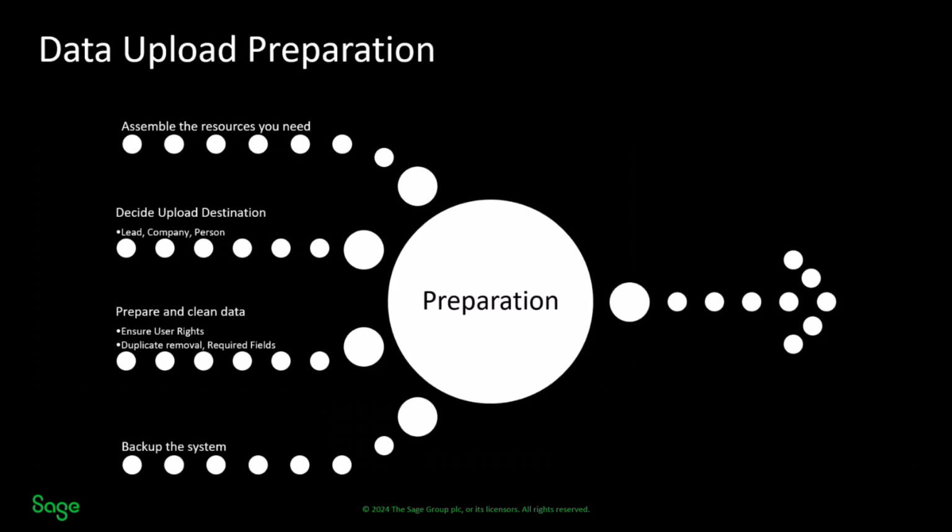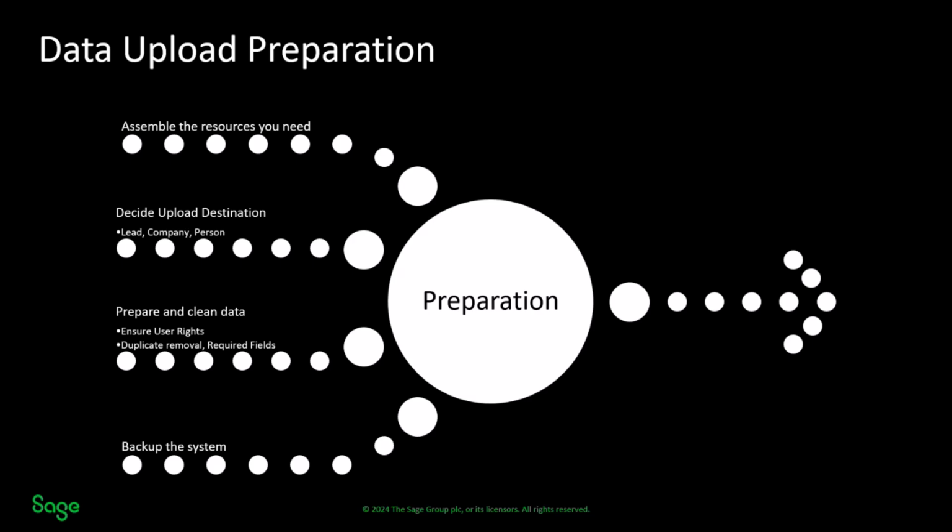Now, I've looked through a whole set of things in this lesson. We've looked at the idea of preparing ourselves by assembling the different resources that you'll need. We've considered how data needs to be uploaded into a particular destination entity. That's the lead, the company, and person.